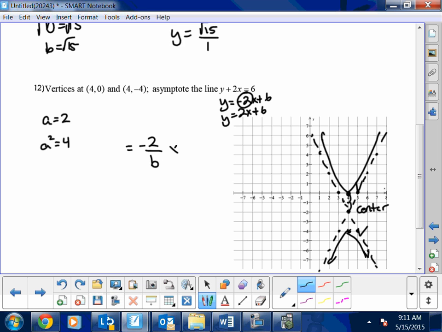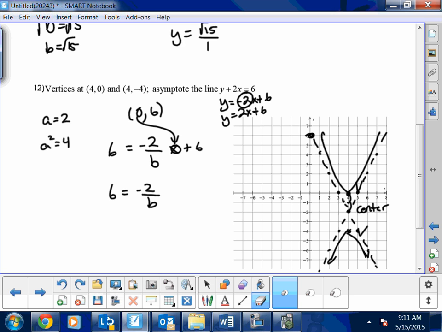So let's pick a point. Why did we pick 0, 6? 6, 0, which means that 6 is equal to -2 over b. The point I picked out was this one, 0, 6, so 0 will go in here. Well, that eliminates my b. Okay, pick a different point, because remember I want to solve for b. So that's not going to work. Let's pick something different.